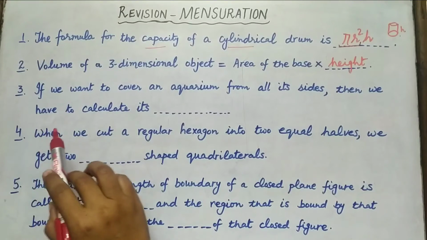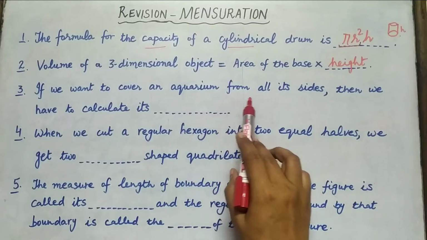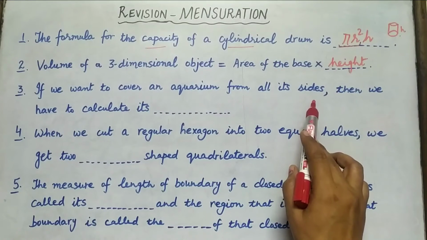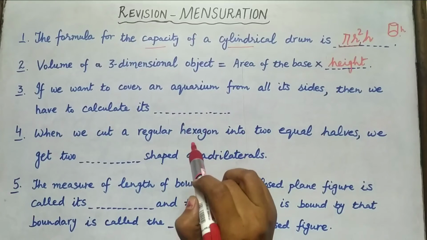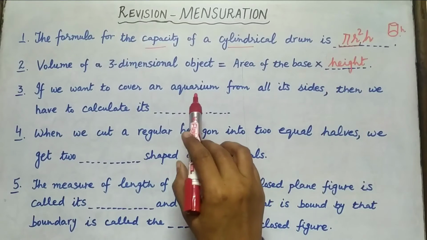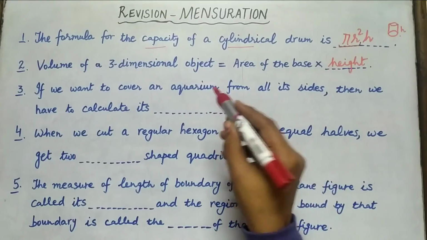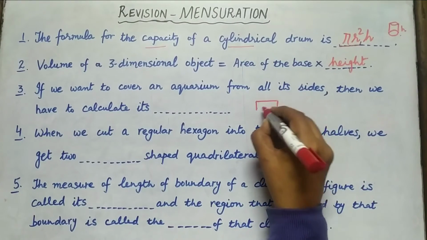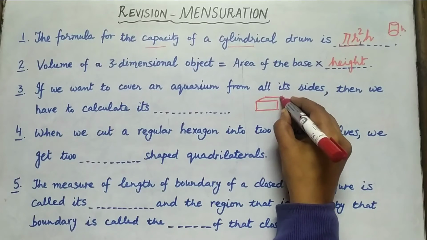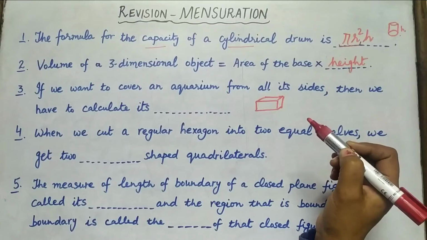The third one, if we want to cover an aquarium from all its sides, then we have to calculate its dash. Here, an aquarium is where fish are kept artificially. Aquarium has got the shape of a cuboid. A cuboidal box, an aquarium is to be covered from all its sides.